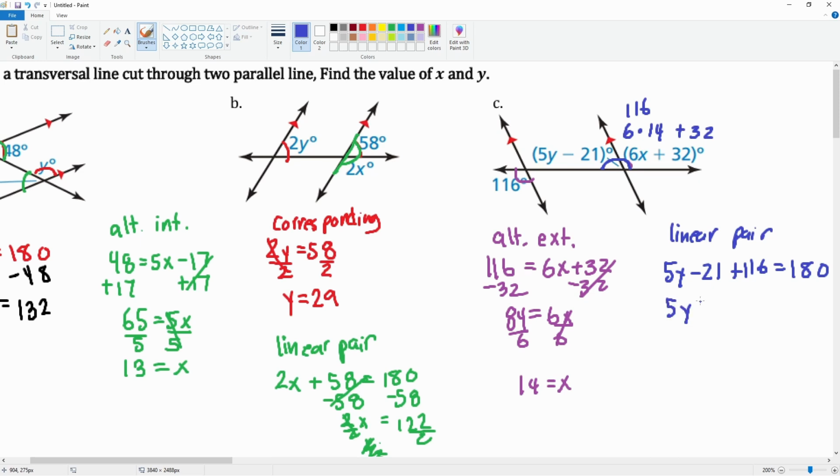Combine some like terms. 116 and negative 21. That gets you 95 plus 5y equals 180. Subtract 95 from both sides. You get 5y is equal to 85. Then if you divide 5 to both sides, you get y is equal to 17.